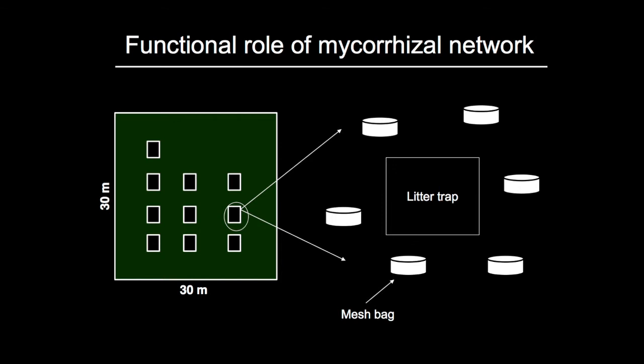Around each litter trap, lodgepole pine was seeded within 3 mesh bag treatments, and white spruce was seeded in 3 other mesh bag treatments. These were all around each litter trap. The goal of using these mesh bags is to really test the function of the network to seedling performance.